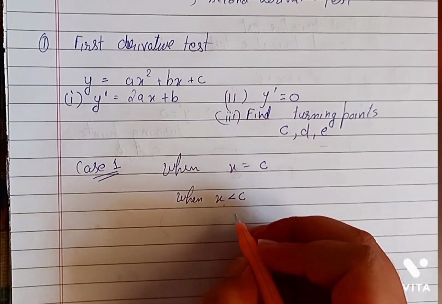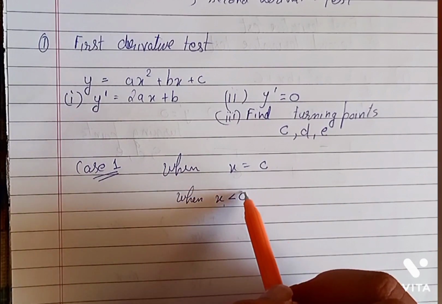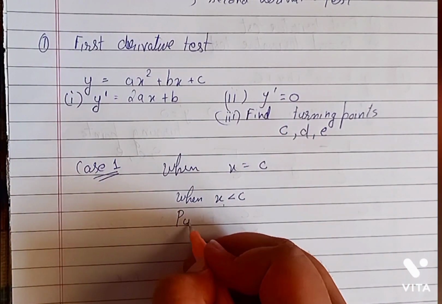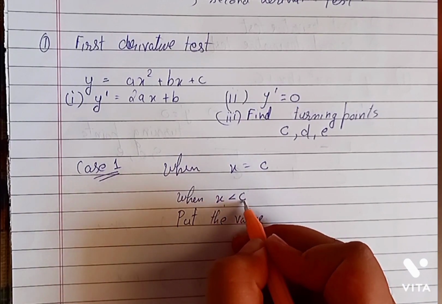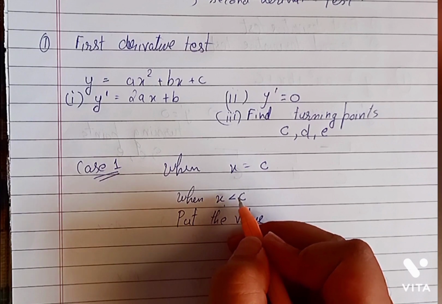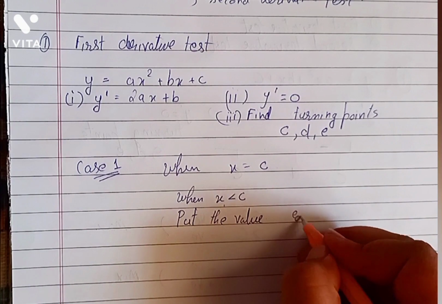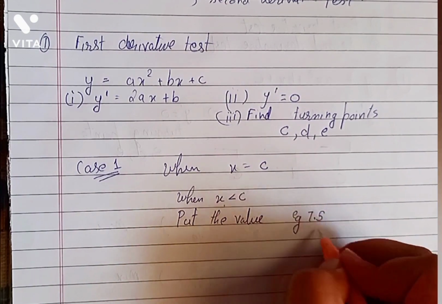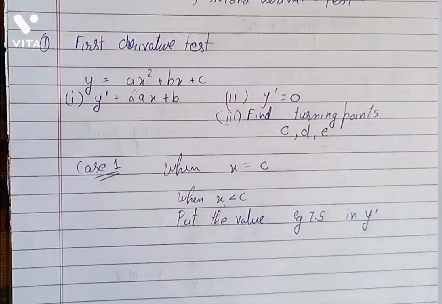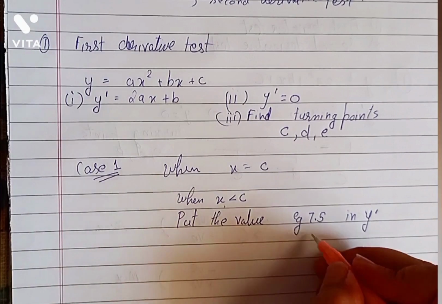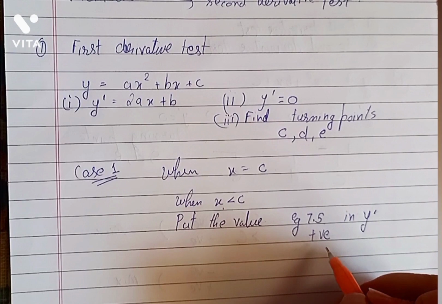Suppose c is 8, so take 7.5. Put this value 7.5 in y dash. Suppose on putting the value of 7.5 in y dash, I got a positive value.